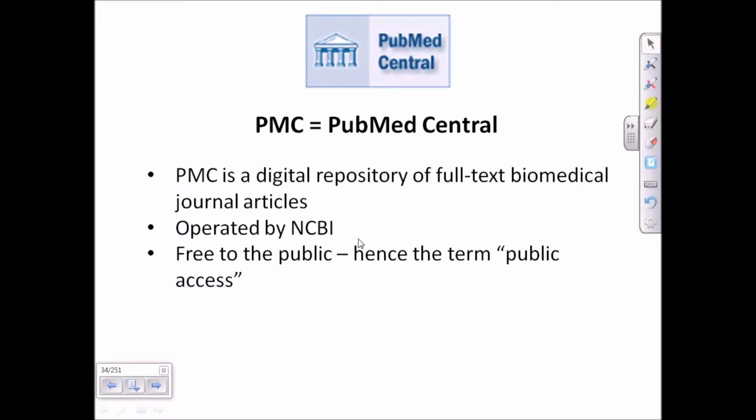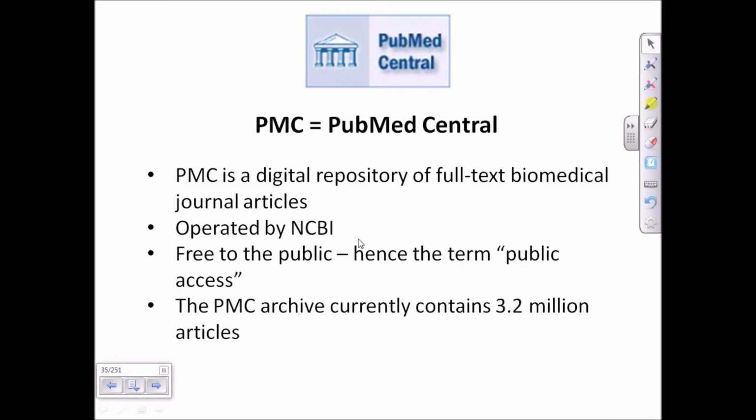And it allows the public to have free access to the papers themselves. Not just the abstracts, but the entire paper. And that's why this policy is called public access, because of this PubMed Central that has the papers. The PubMed Central archive currently contains 3.2 million journal articles. That's a pretty sizable chunk of biomedical scientific research that's available.